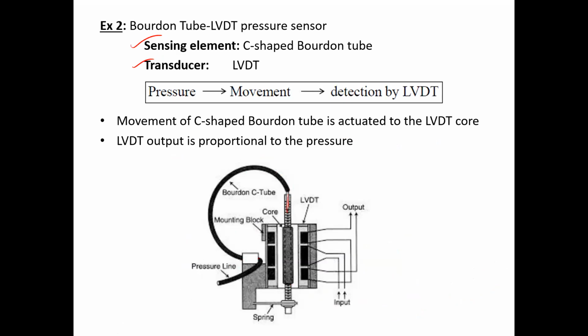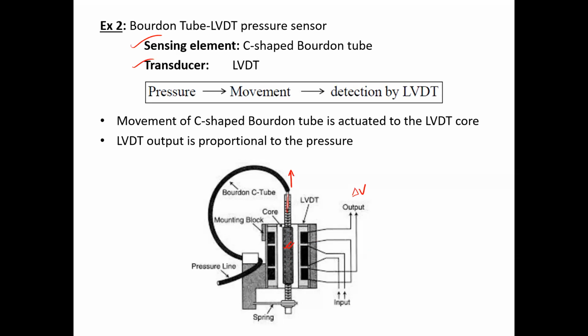So when there is some fluid passing through the Bourdon tube, its shape is supposed to change, and suppose if it is experiencing force in the upwards direction, the position of the core will actually deviate from its null position, and when it is deviating from the null position, the voltages induced at the secondary sides will differ from each other, resulting in a differential voltage as the output of the LVDT.